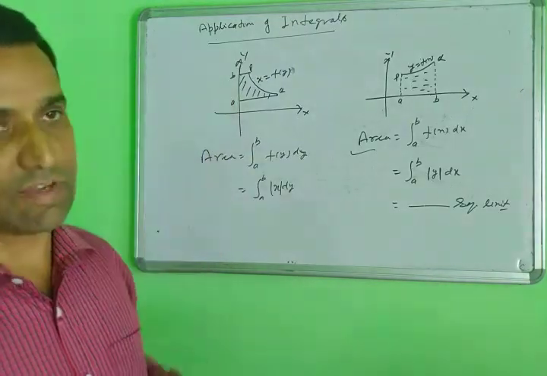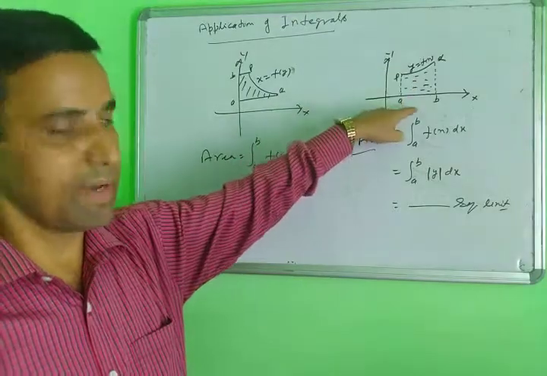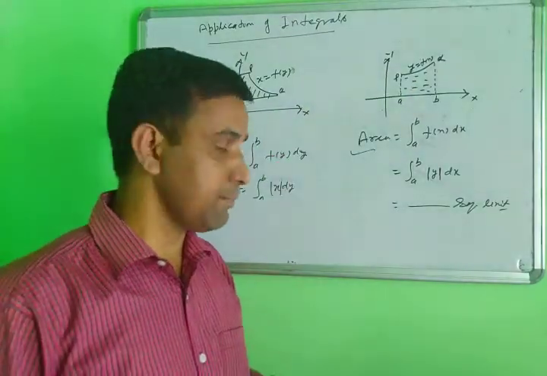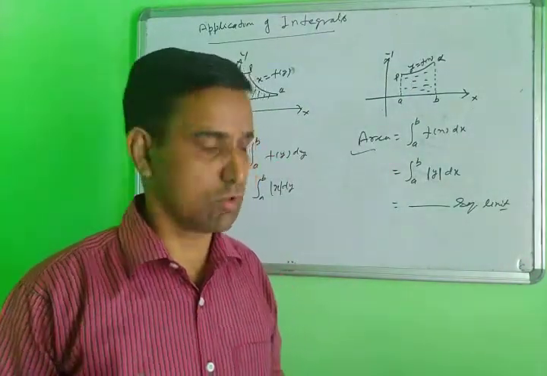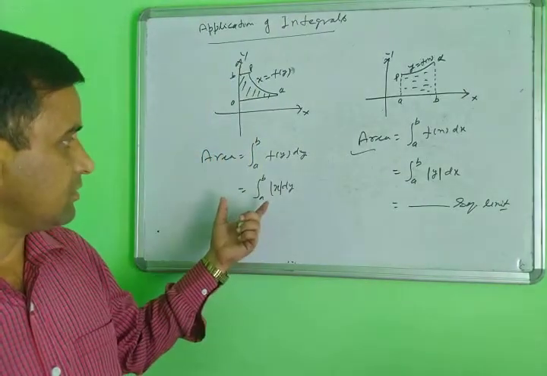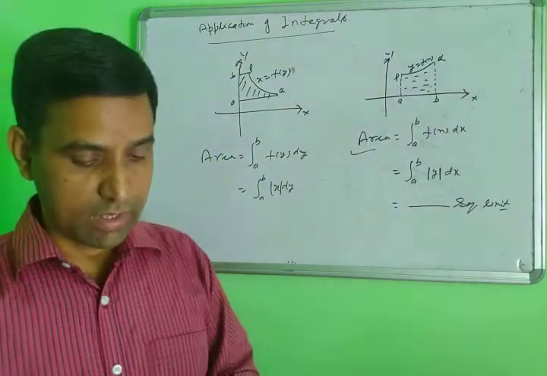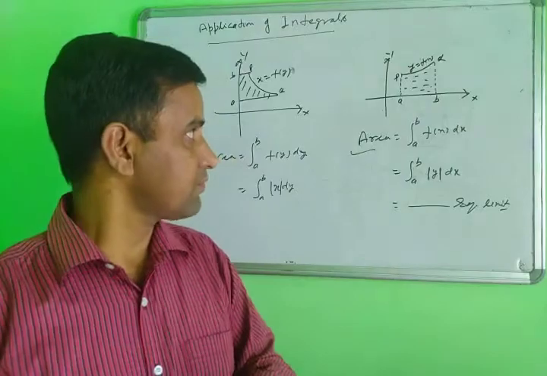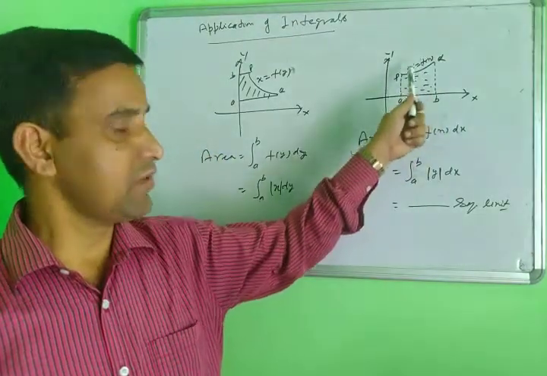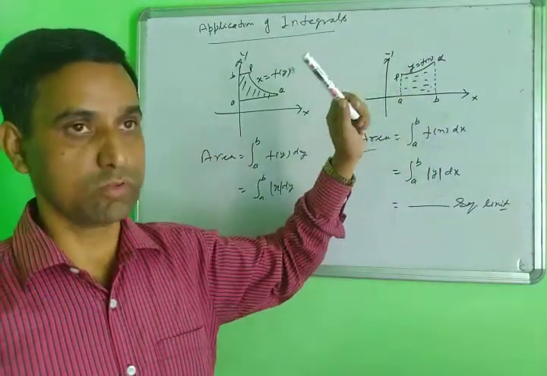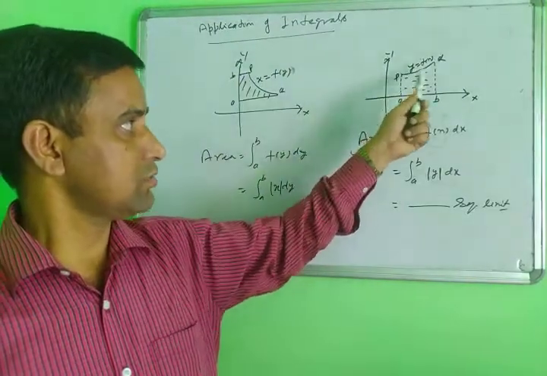In this way, the answer always comes positive, not negative. So you can use this trick for any closed curve figure and find its area.